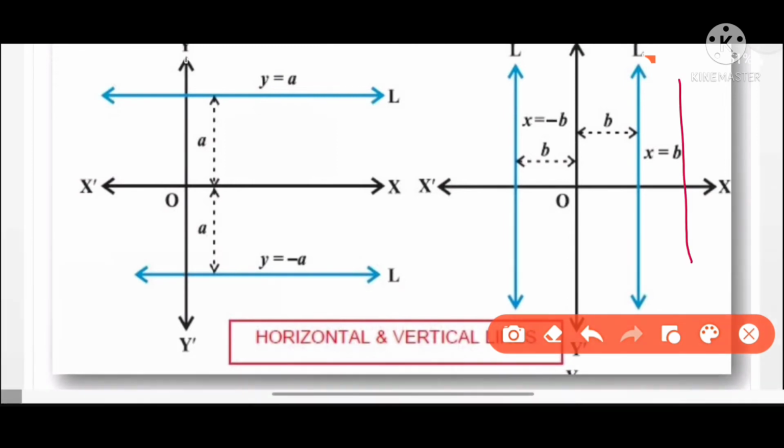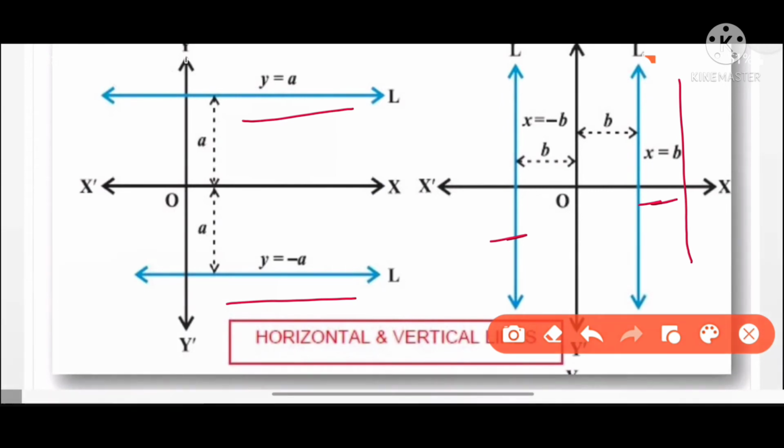The equations of these lines are y is equal to a and x is equal to b, and the equations of these lines are x is equal to minus b and y is equal to minus a.